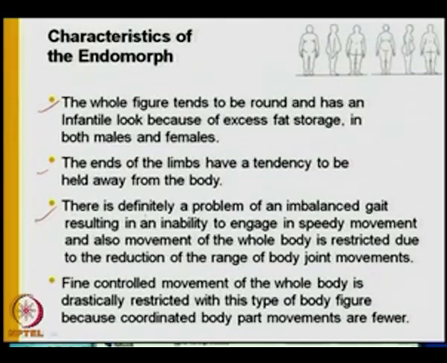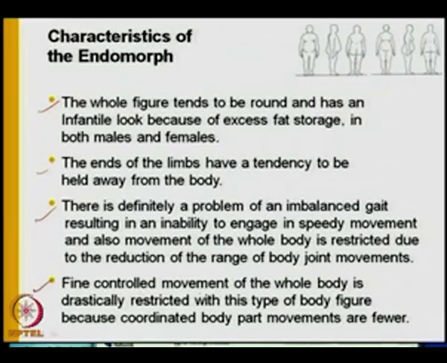There is definitely a problem of an imbalanced gait while walking, resulting in an inability to engage in speedy movement, and also movement of the whole body is restricted due to the reduction of the range of body joint movements.